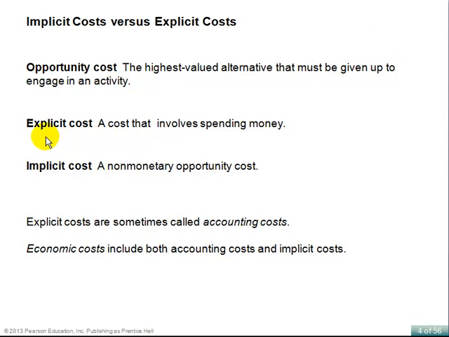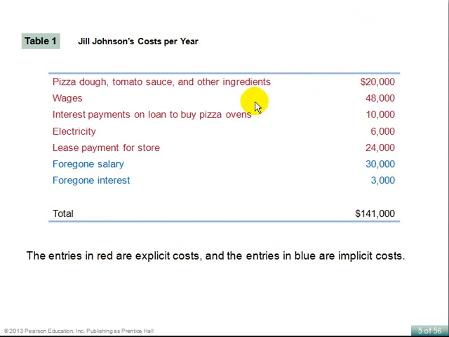Okay. Explicit costs. When a firm spends money, it incurs explicit costs. When a firm experiences a non-monetary opportunity cost, it incurs implicit costs. How to understand these two concepts, explicit cost and implicit cost?